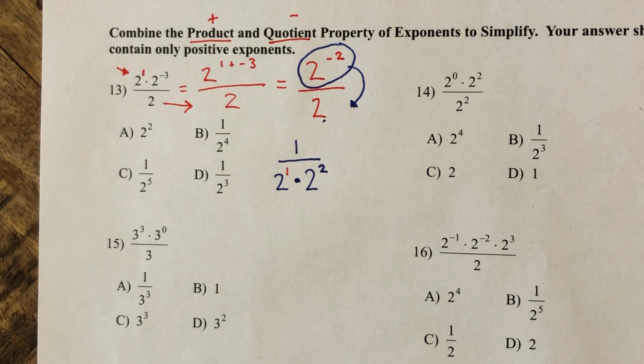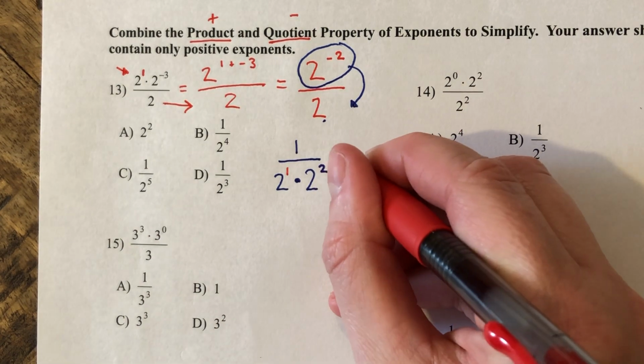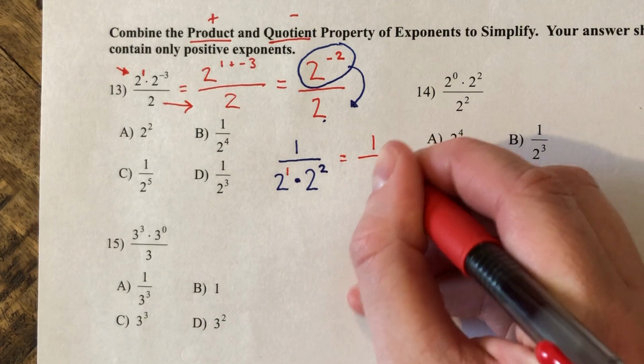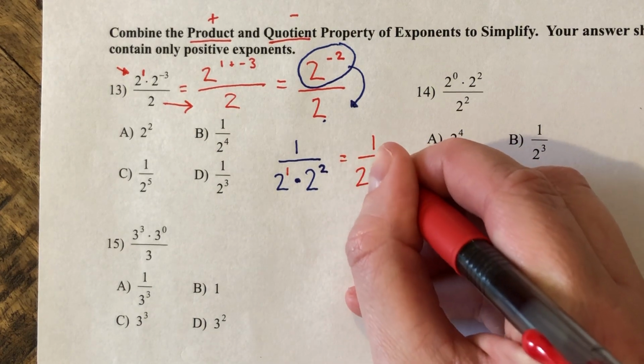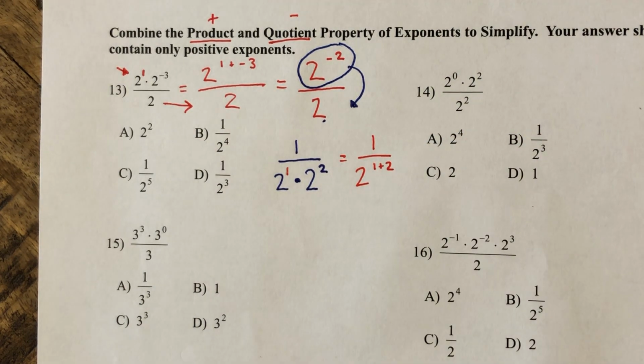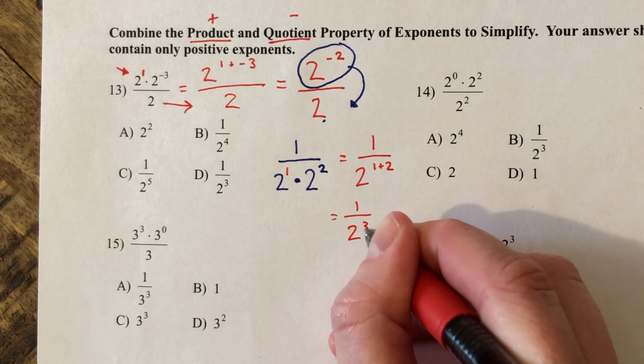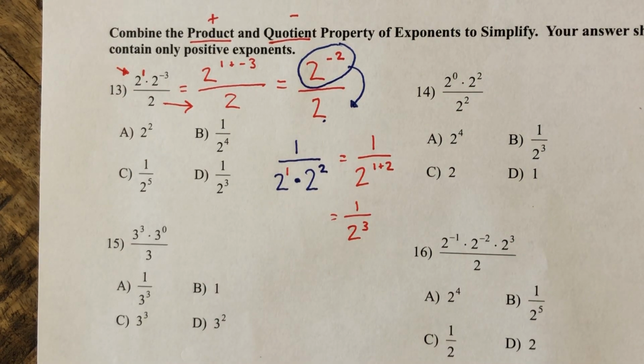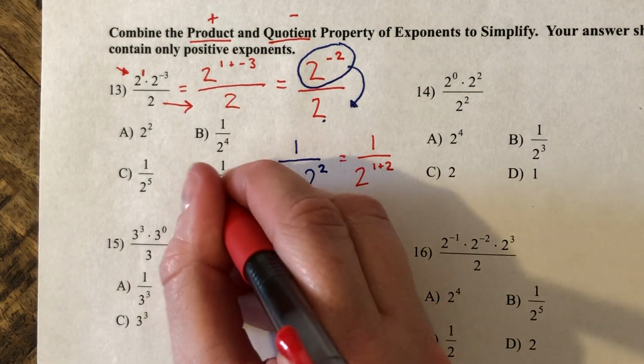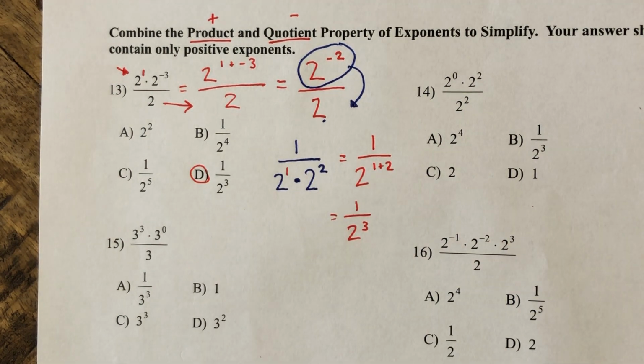So now we can go ahead and finish solving this problem where we have 1 over 2 to the 1 plus 2, which is going to turn into 1 over 2 cubed, which is going to give us our final answer, which is 1 over 2 cubed, or letter option D.